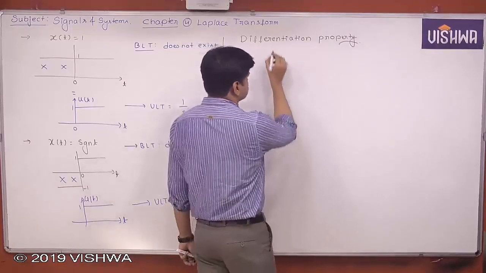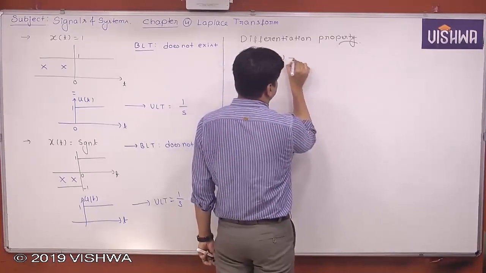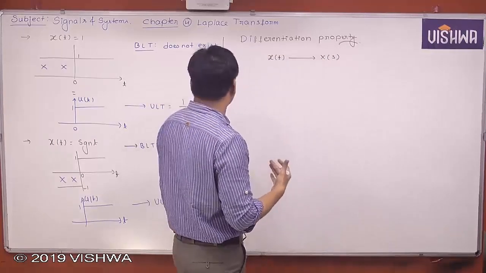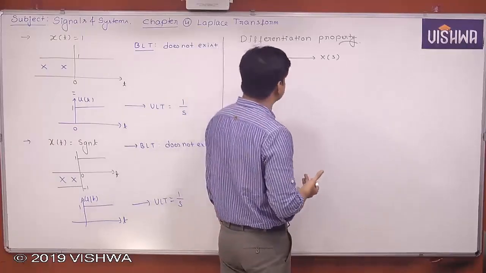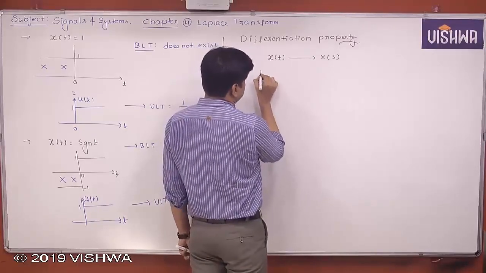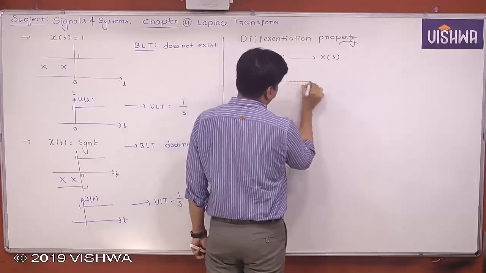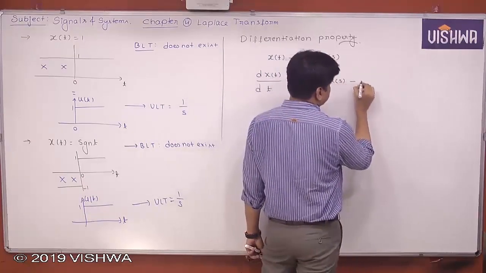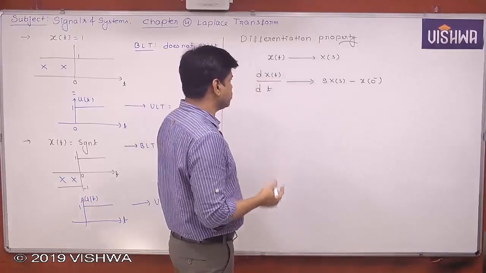See here, if a signal x of t has X of s, here we don't talk about the ROC concept, because whatever the signal may be, some ROC always exists, so we don't worry about ROC here. So for the differentiation property, dx of t by dt has Laplace transform s X of s minus x of 0 minus. That is nothing but the initial value.